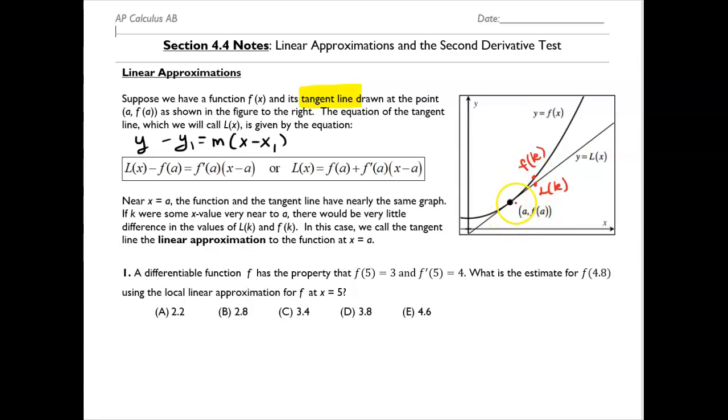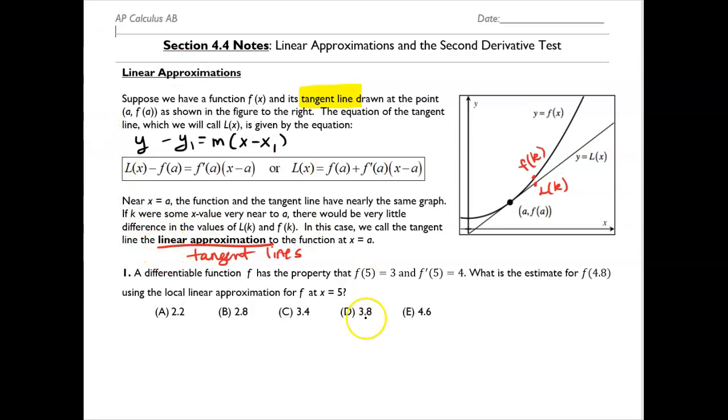But as long as I'm pretty close to this point of tangency, then my tangent line should give me a pretty good approximation of what that graph is. If I get too far away, like over here, it's not going to give me as good of an approximation. And so we call this a linear approximation. Whenever you see that, you automatically need to think about tangent lines. So when you see that linear, it's telling you tangent lines.